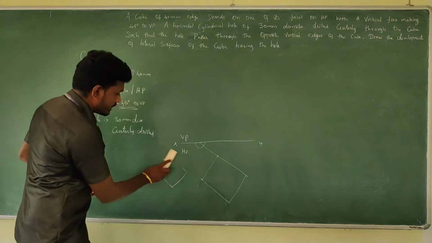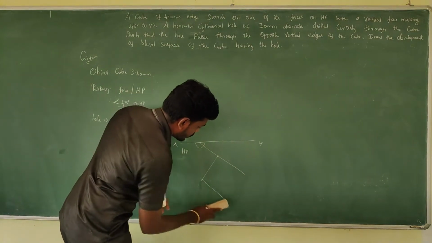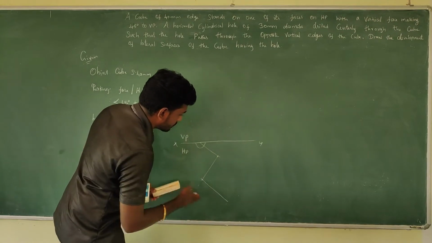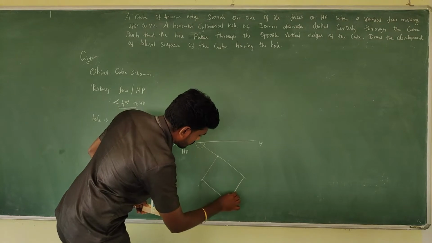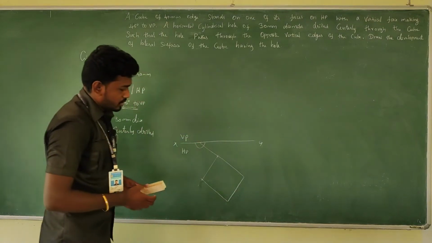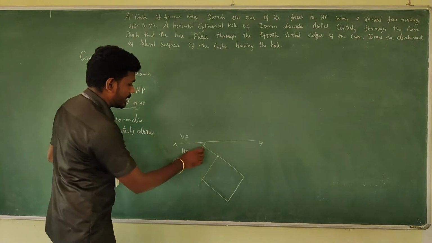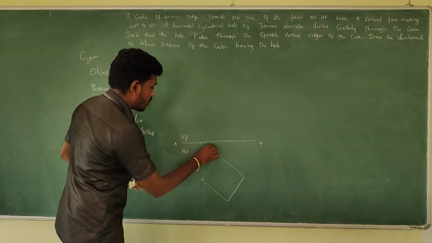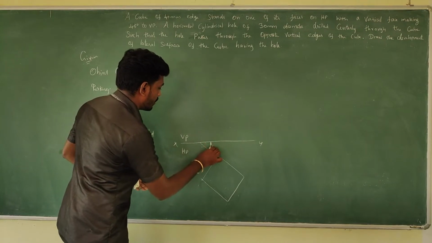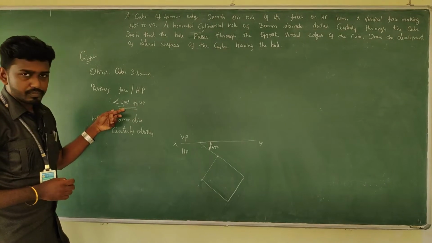This is how the cube will form. So you have formed the inclination of the line at 45 degrees, since it was advised in the question.